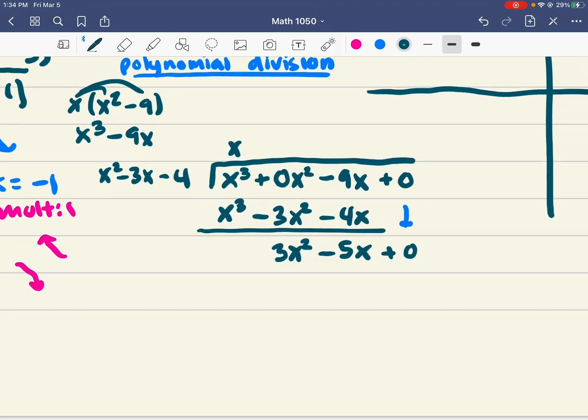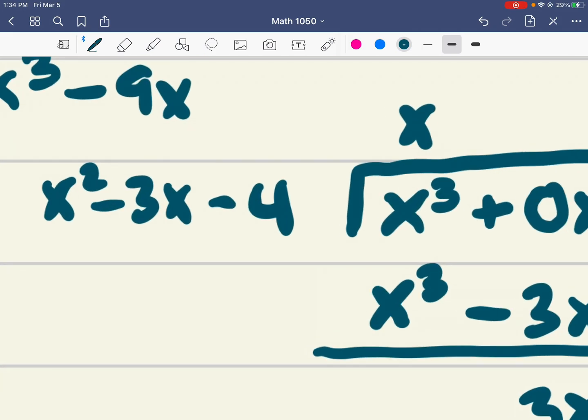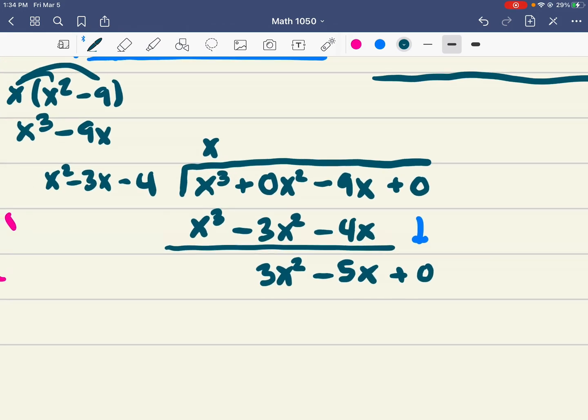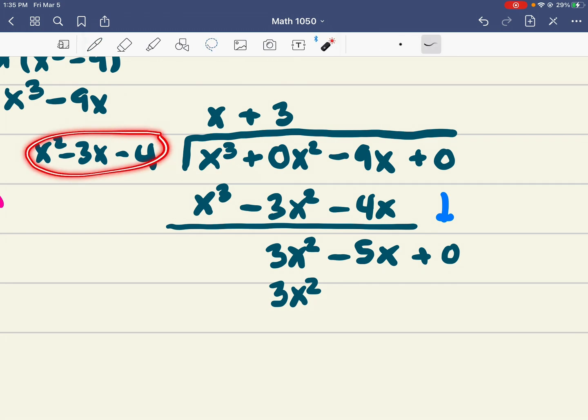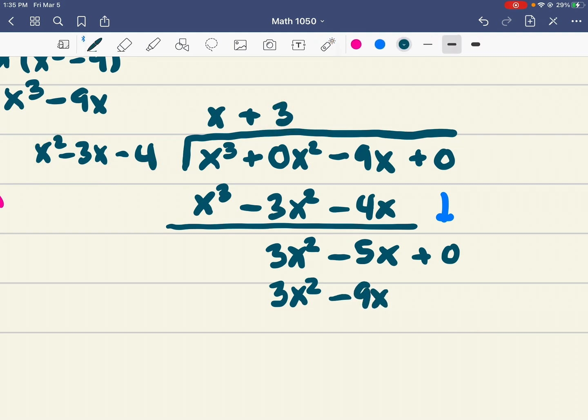So again, focusing on my leading terms here, I have x squared and 3x squared, which means that this will theoretically go into this about 3 times. So we have positive 3 up there, and then I multiply this by that value to get this: 3x squared minus 9x, and then 3 times 4 is 12, minus 12.